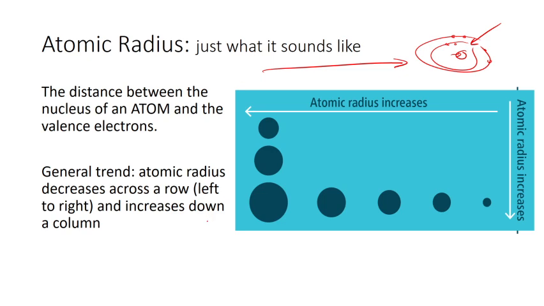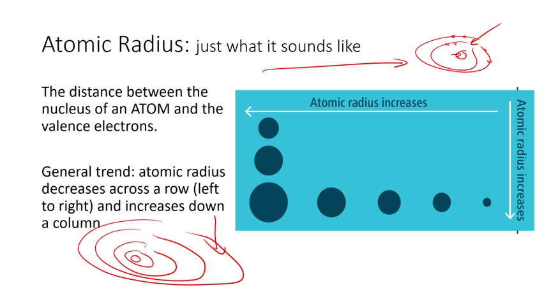And larger going down, we can think of this the same way. Every time you go down one element in a column, you're adding an energy level, or a ring, so like 1, 2, 3, 4.